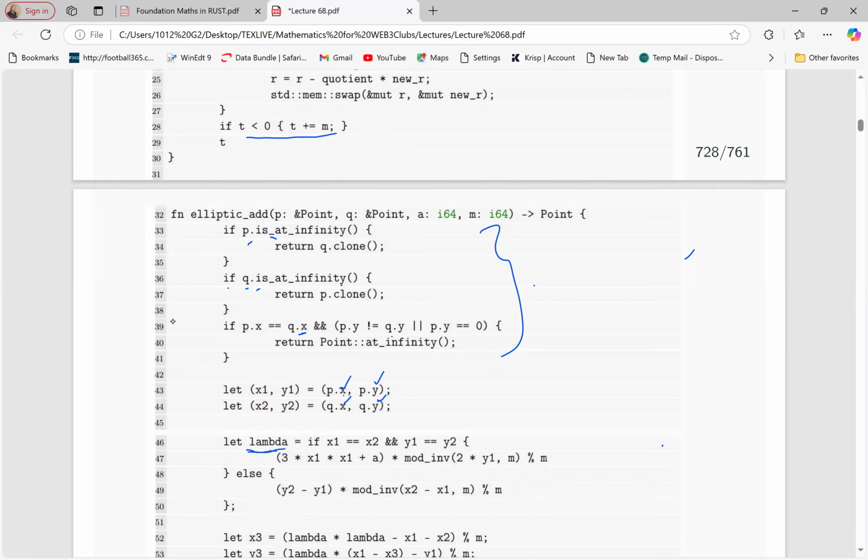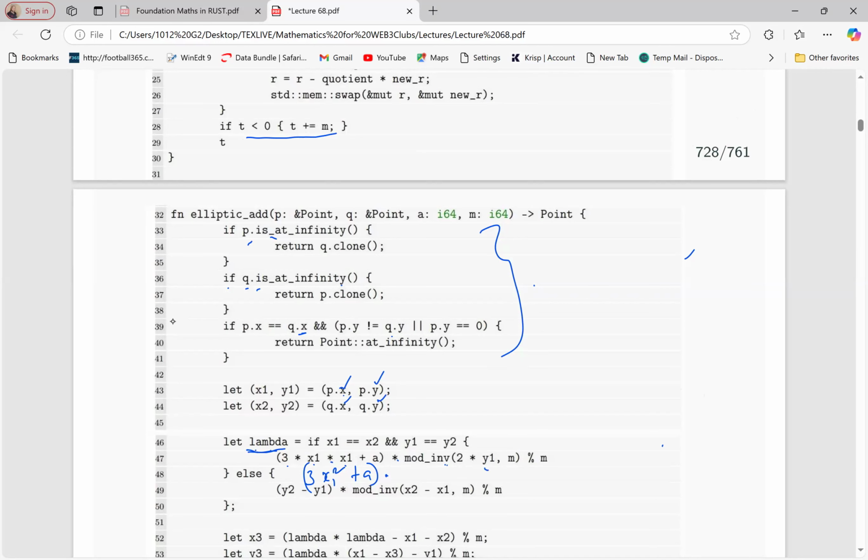And this lambda is calculated as 3 multiplied by x1 times x1. So this is the same as 3x1 square plus a. Then the result is multiplied by the inverse of y1. And what is this?